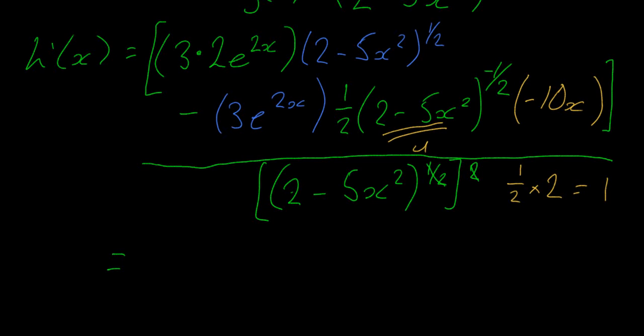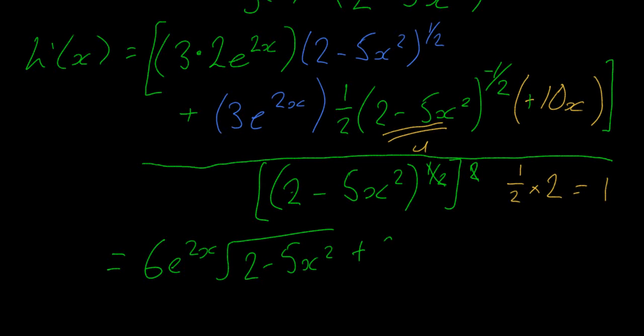So over here, we got 6e to the 2x. Start writing some square roots here, 2 minus 5x squared. What's this chunk over here? Let's recognize that there's two negatives over here, so we're going to account for the double negative and make it positive.